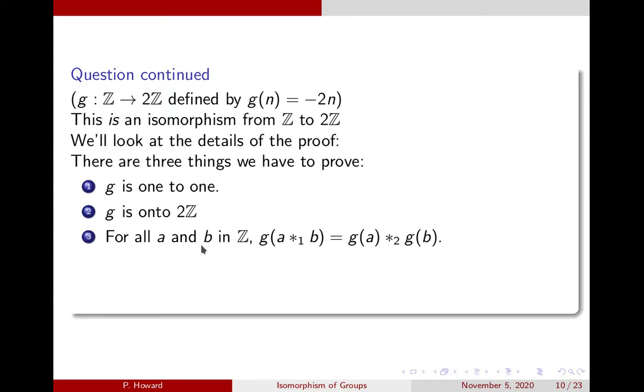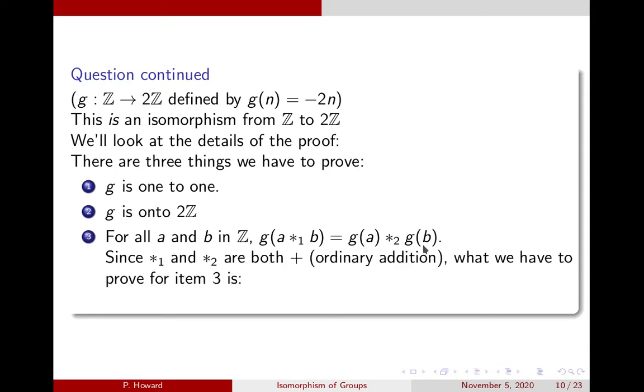We have to prove that for every pair of integers a and b, g of a star 1 b is g of a star 2 g of b. And since in both cases the operation is ordinary addition, this equation that we have to argue for is actually g of a plus b is g of a plus g of b for all a and b in the set of integers.